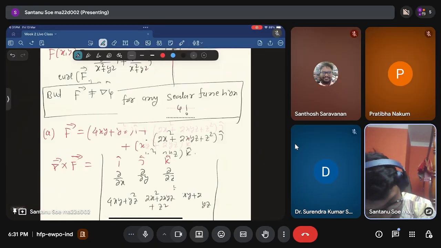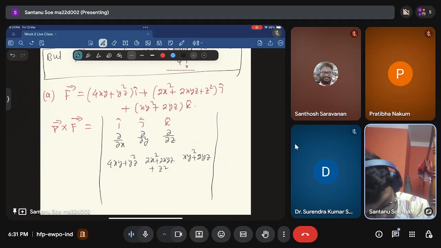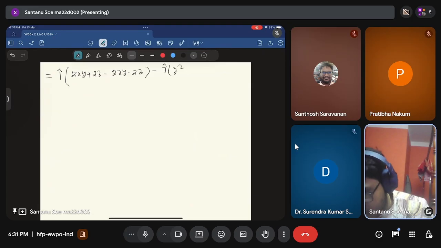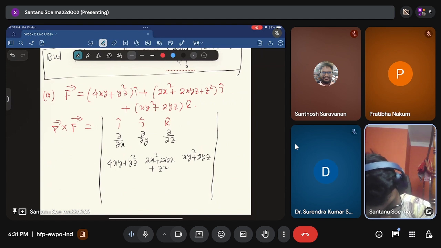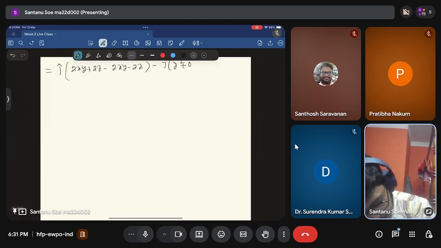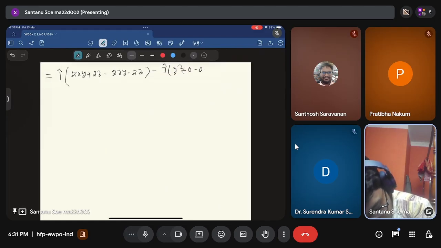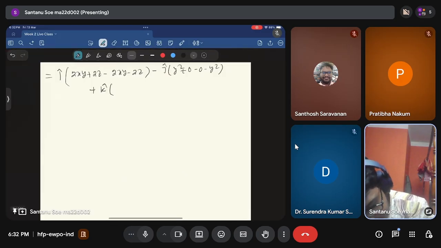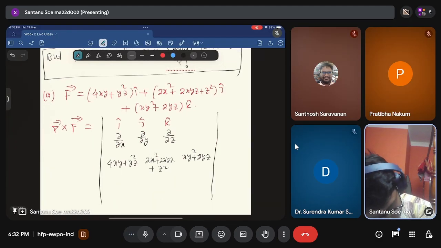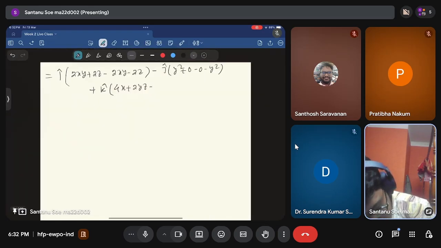Minus j cap of y square plus 0, so simply y square, and then again negative of 0 minus y square. Plus k cap, and this is going to be 4x plus 2yz minus 4x minus 2yz.